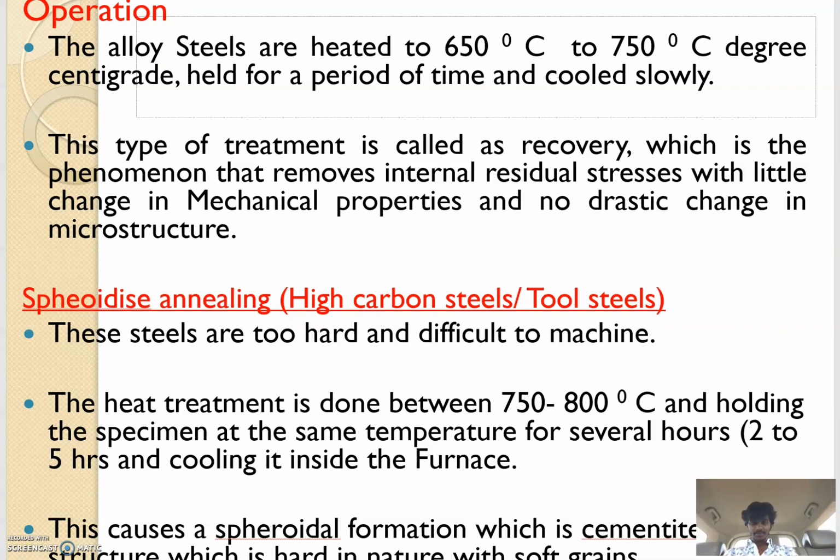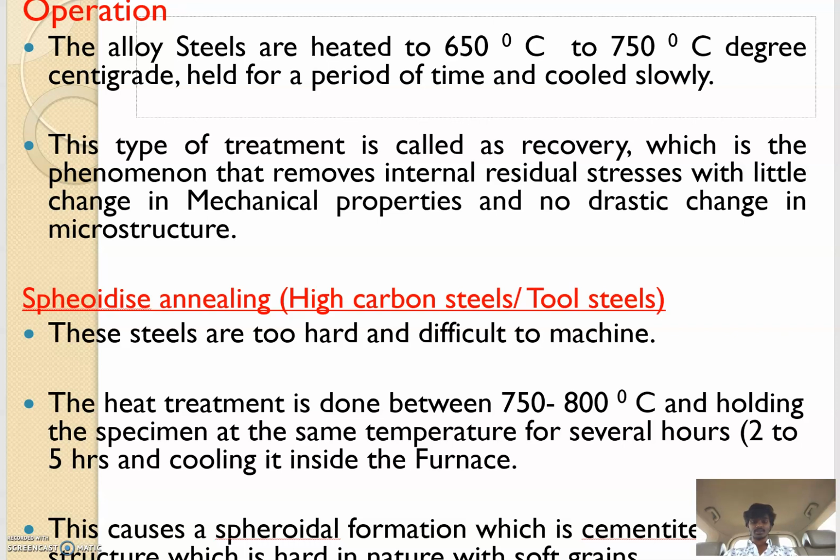Spheroidized annealing. High carbon steels or tool steels. These steels are too hard and difficult to machine. The heat treatment is done between 750 to 800 degrees centigrade, holding the specimen at the same temperature for several hours, 2 to 5 hours, and cooling it inside the furnace.